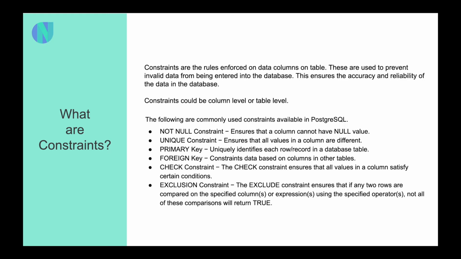And then you have the check constraint. If your system has an age restriction, like only users who are older than 18 can sign up, you can give a check like that: age int, then CHECK, and in the brackets you write the condition, age greater than 18.